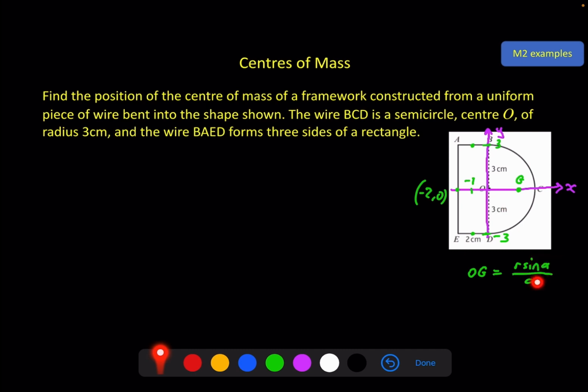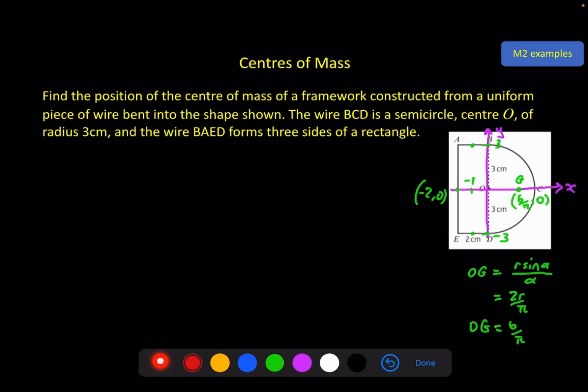So if I put pi by 2 in here, the 2 comes up and we get 2r over pi. So for a semicircle, this is 2r over pi. For this semicircle, radius of 3, that's 6 over pi. So this is 6 over pi on the x-axis, and of course 0 on the y-axis.